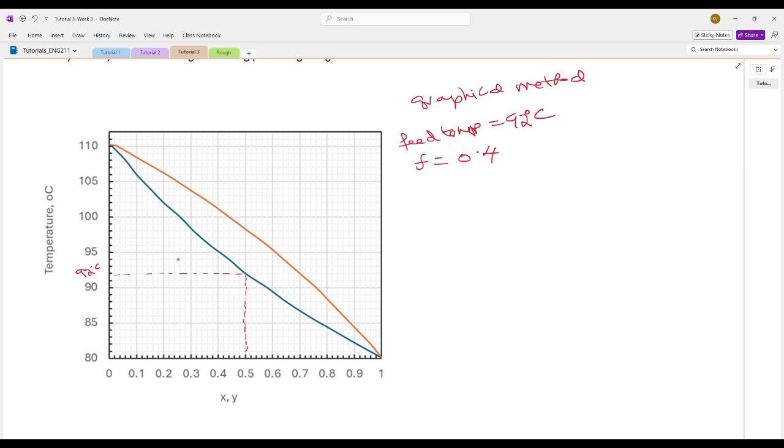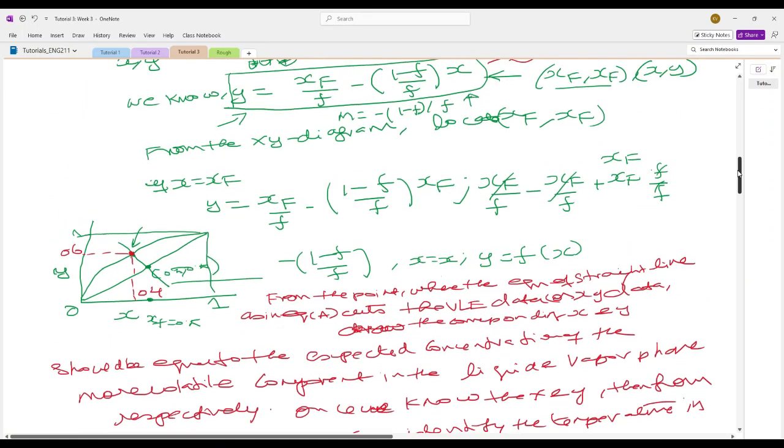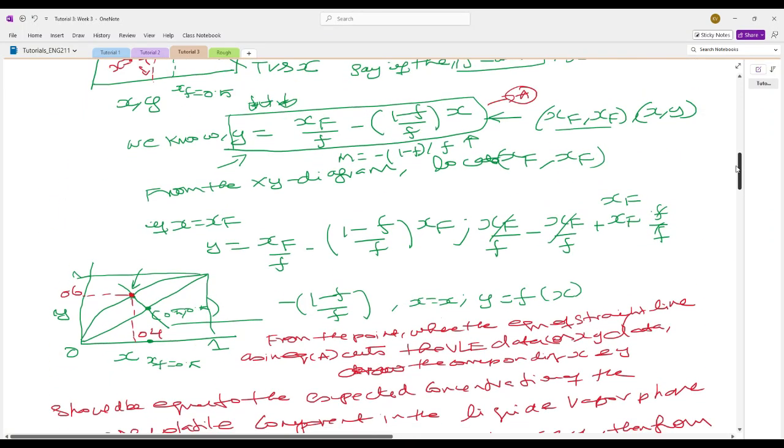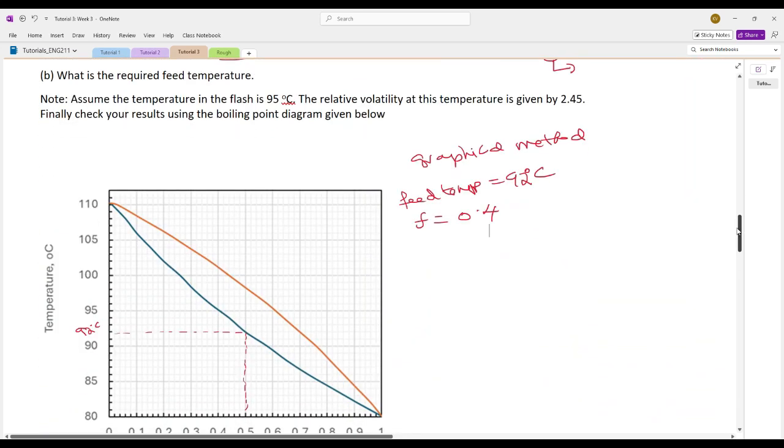So we have to use the same equation which we derived just now: y is equal to x of f by f minus (1 minus f) by f into x.